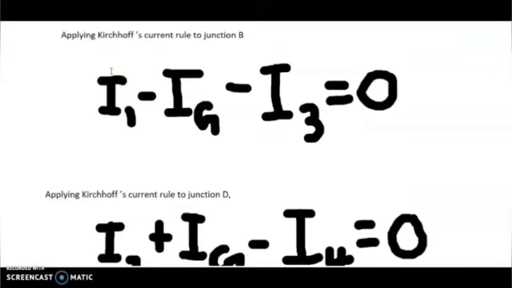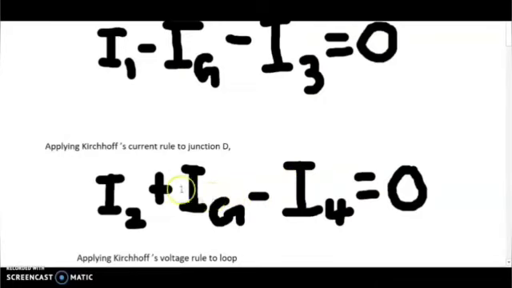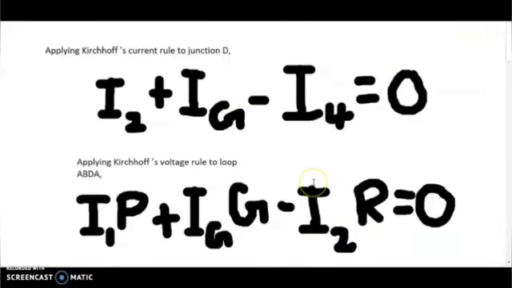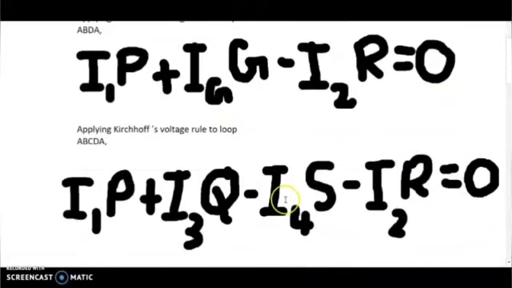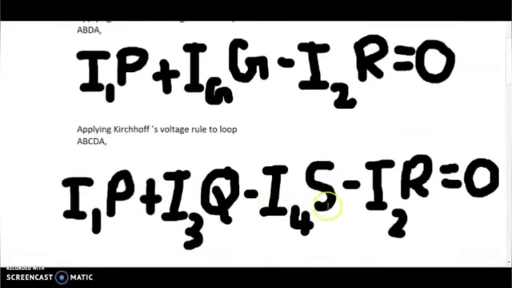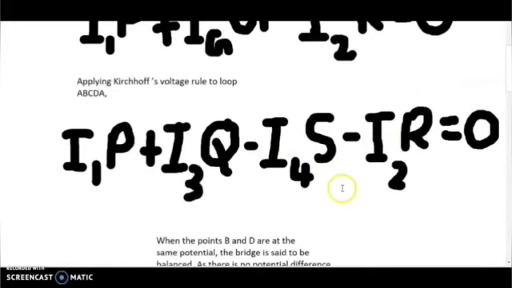This is the mathematical form of what I have explained. Applying Kirchhoff's current rule at junction B, we get I1 minus Ig minus I3 is equal to 0. At junction D, we get I2 plus Ig minus I4 is equal to 0. Applying Kirchhoff's voltage rule, we get I1P plus IgG minus I2R is equal to 0. And in loop ABCDA, we get I1P plus I3Q minus I4S minus I2R is equal to 0.